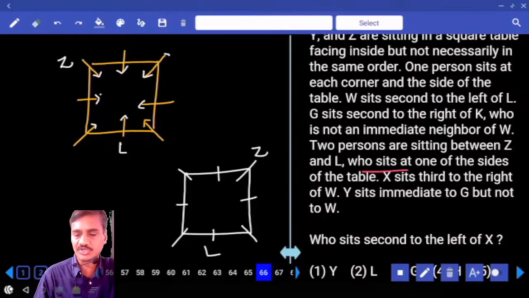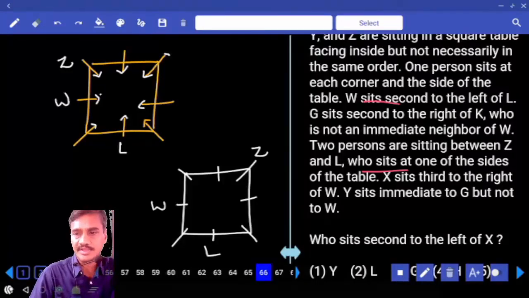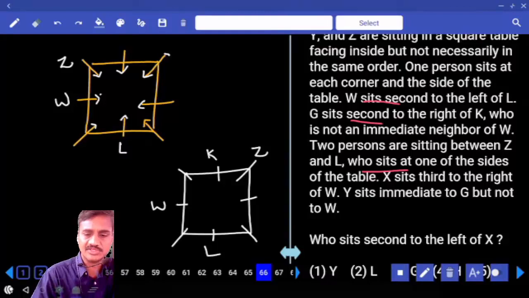Next, X sits to the immediate right of W, and W is seated second to the left of L. G is seated second to the right of K. K is not an immediate neighbor of W, so K is here.